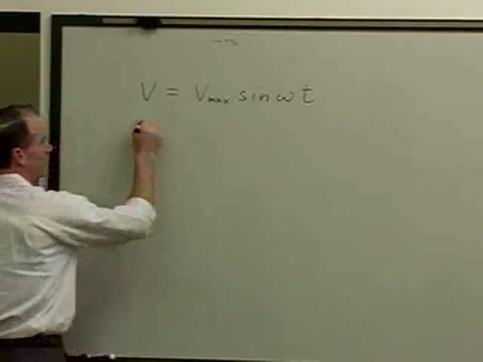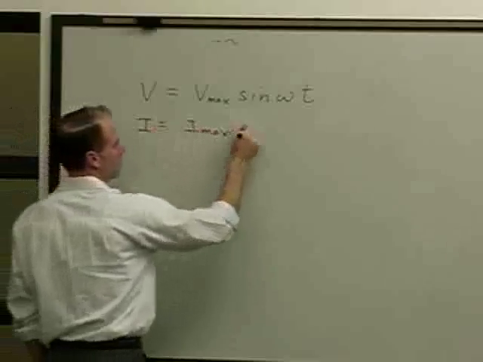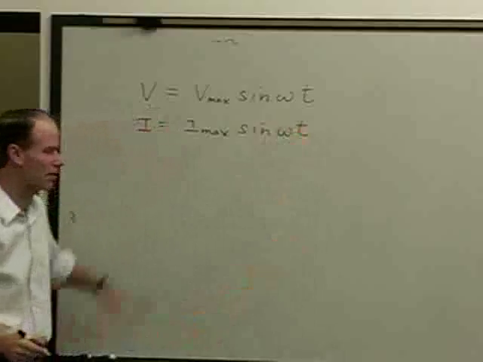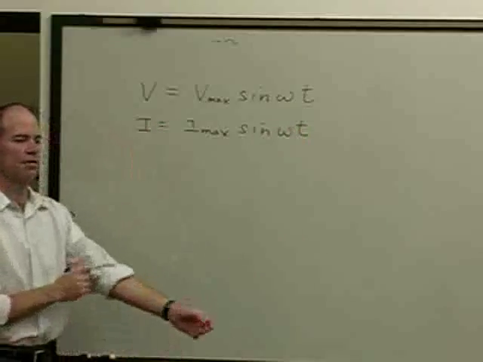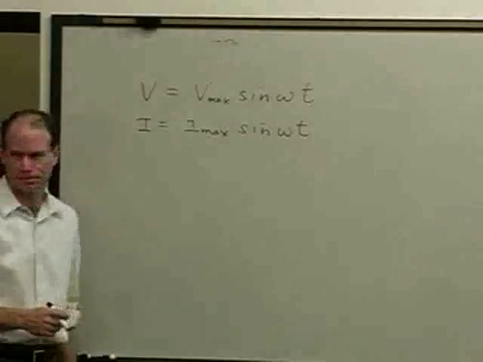And for that matter, current would equal some maximum current times sine omega t as well. There might be a phase difference, but basically that would describe the voltage and the current in the AC circuit.